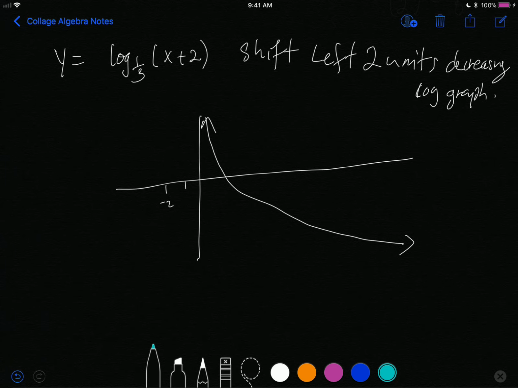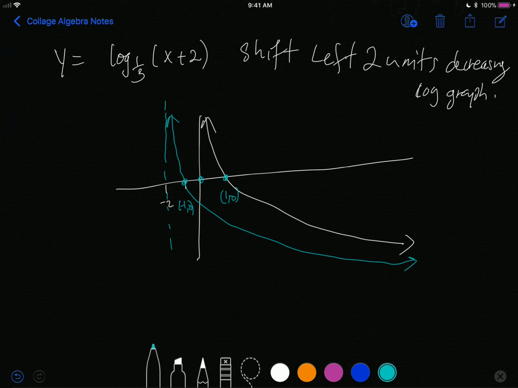I shift that graph over 2 units, and I'll get a graph that looks like this. It looks basically the same as the other graph, but it's a little bit further away. The vertical asymptote used to be here. It's now been shifted over 2 units, and so the vertical asymptote will now be right here. The x-intercept used to be at (1, 0). Since it moved over 2 units, it will now be at (negative 1, 0).